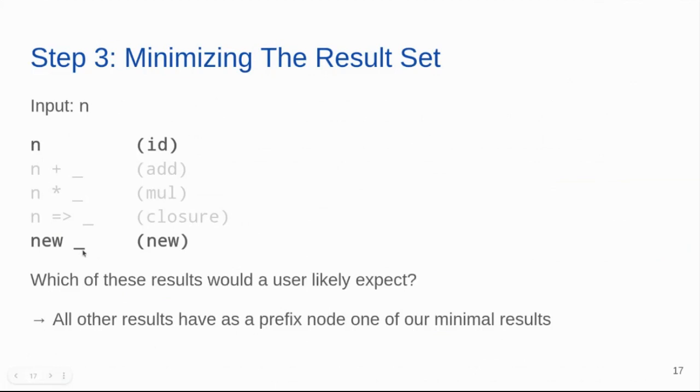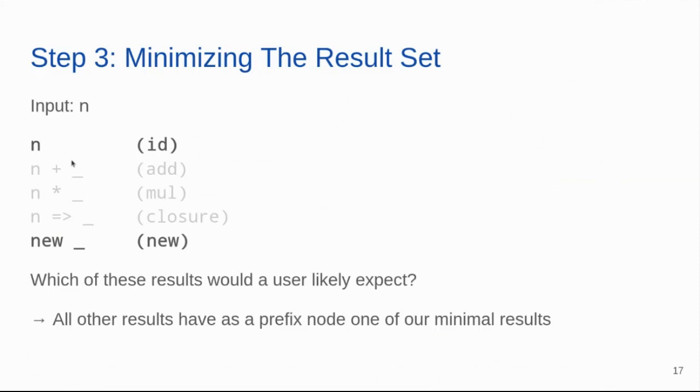Why these 2? Well, they have as a prefix node, not just as a prefix string, one of our other results. So the procedure in which we are minimizing the trees is by grouping them, by checking if any of the nodes that we found can act as a prefix for another node. And by this measure forming groups, and then taking the minimal one of that group as a potential result.